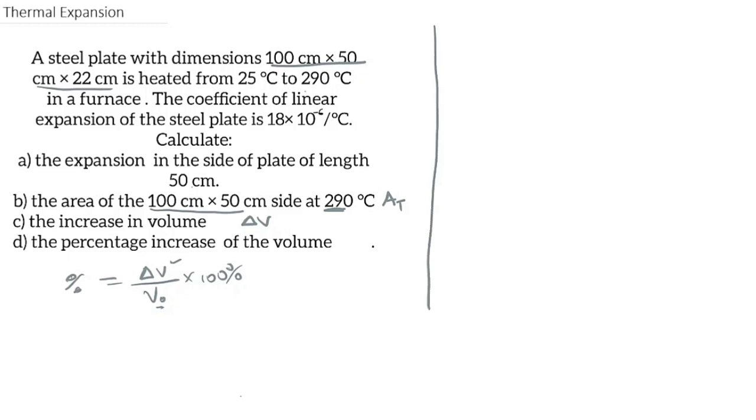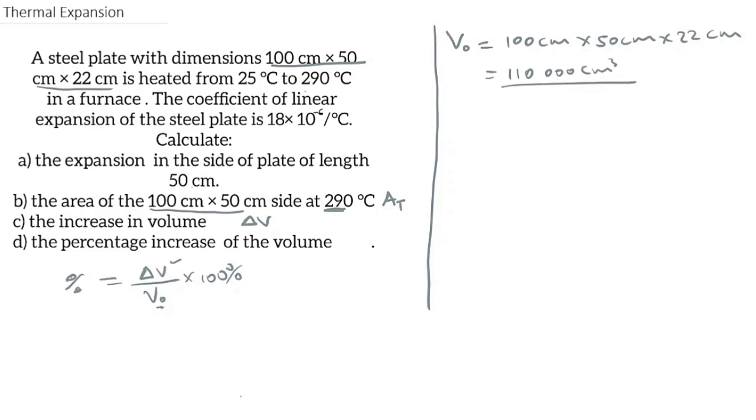Let us first calculate the initial volume. It is 100 centimeter by 50 centimeter by 22 centimeter. This gives 110,000 centimeter cube.